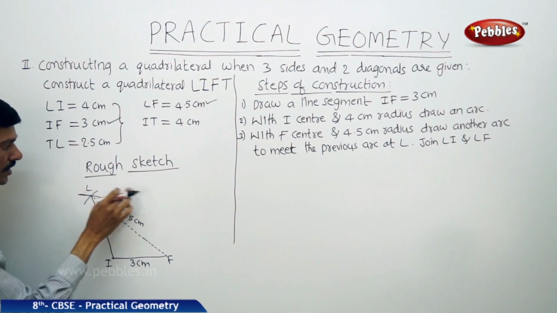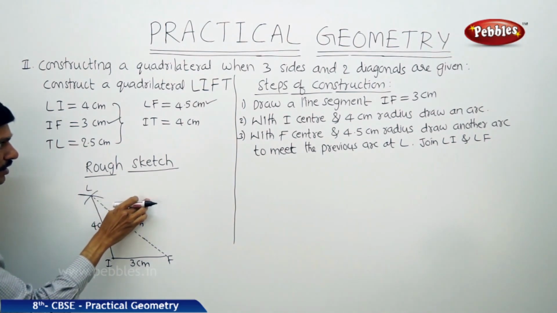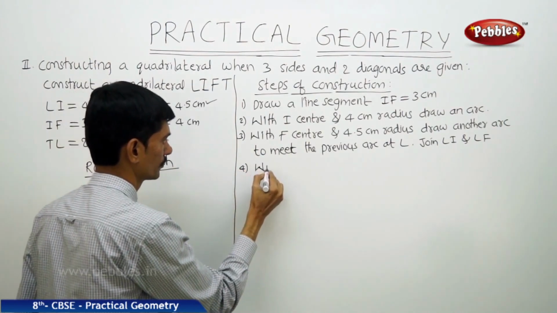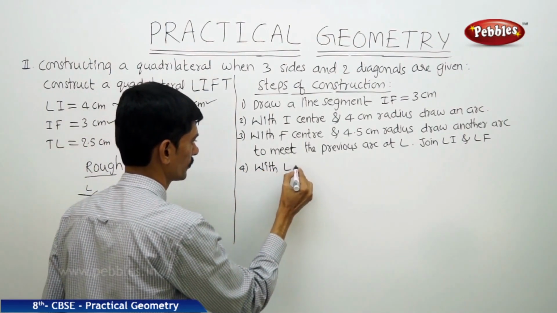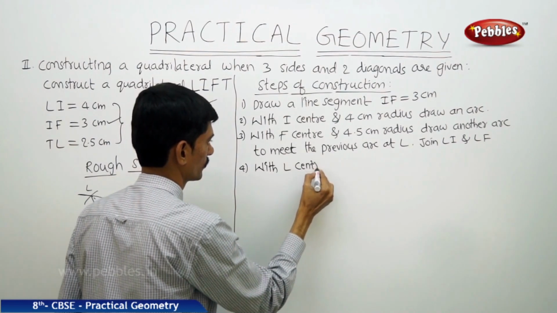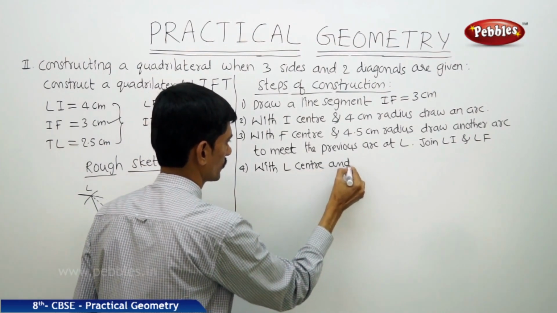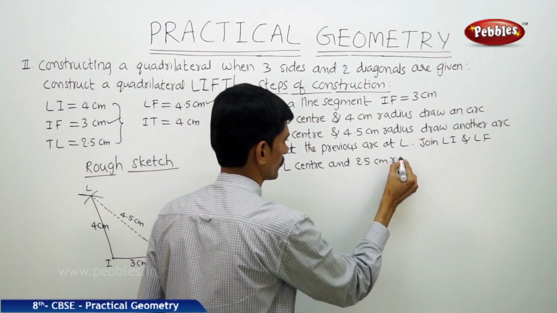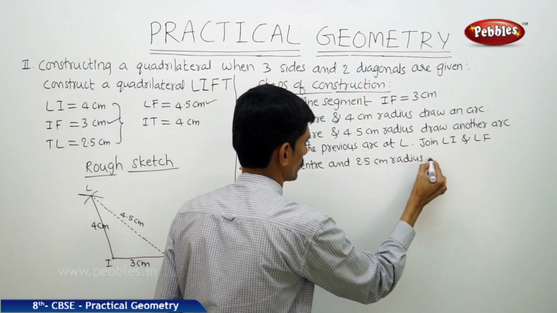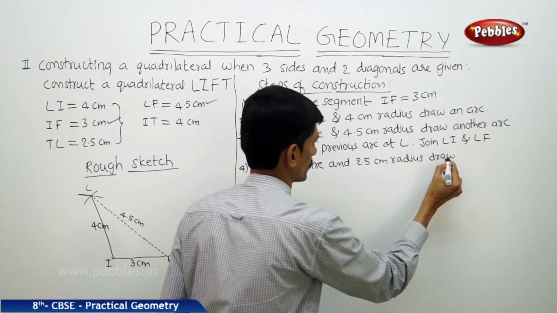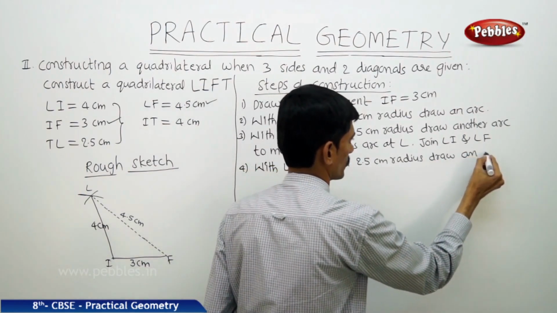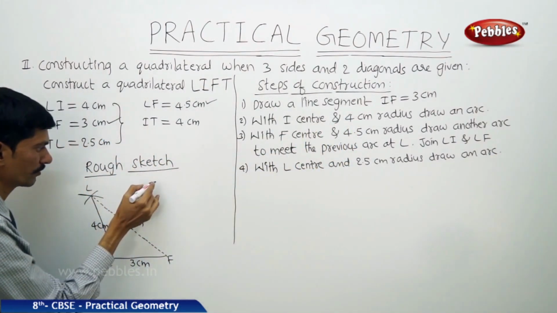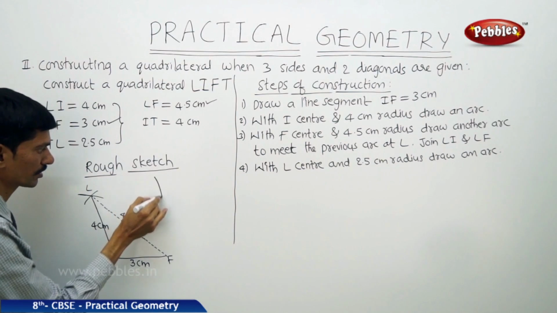With L as center and 2.5 centimeters radius, draw an arc here.